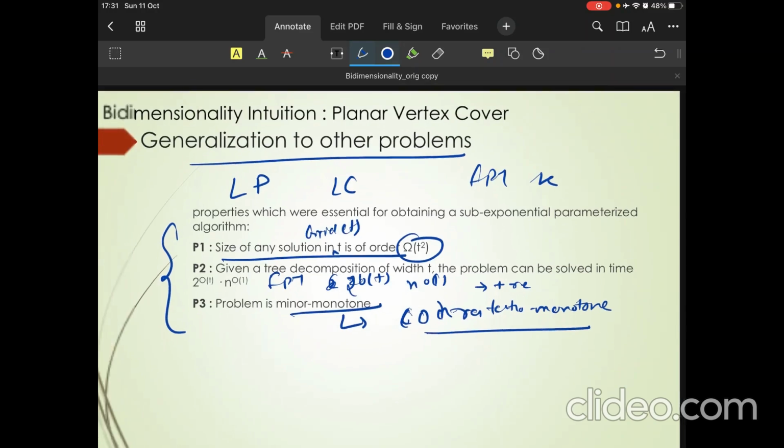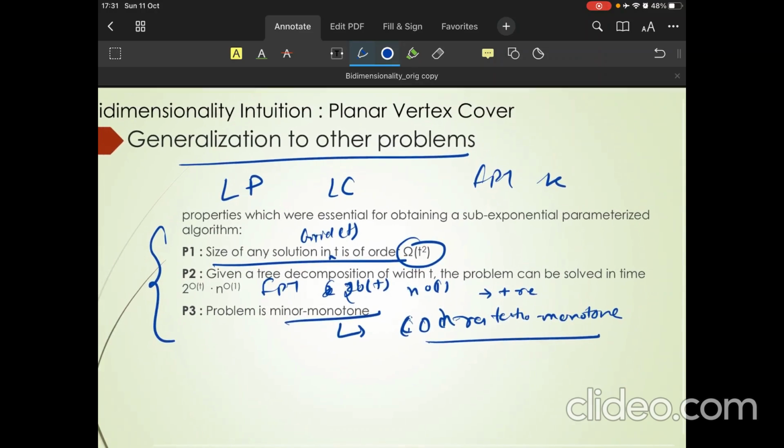We consider contraction monotone for bidimensionality for now.